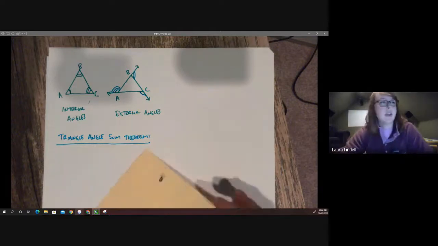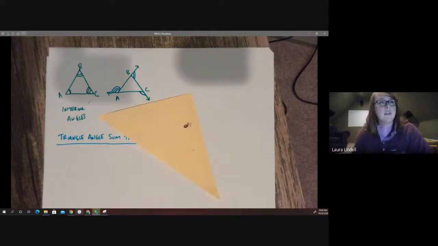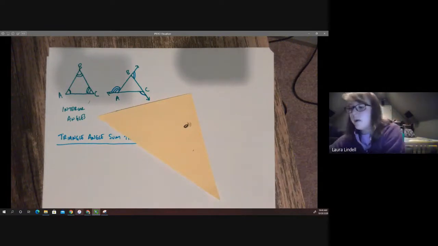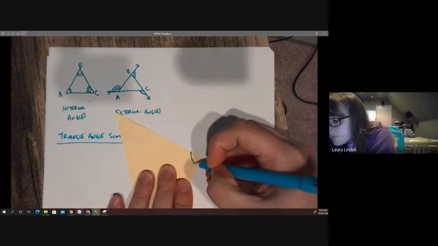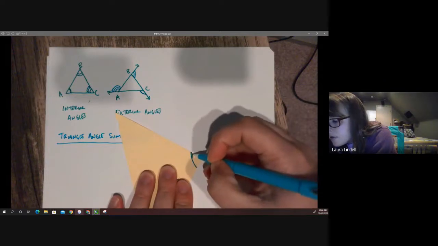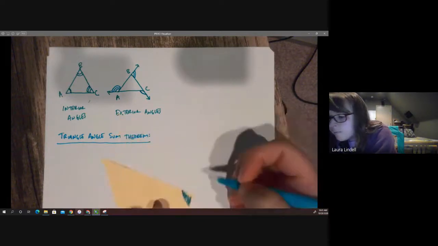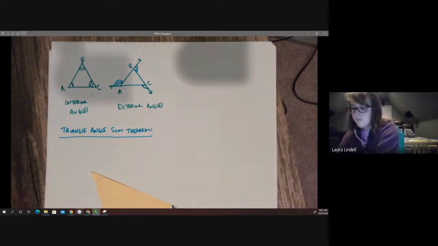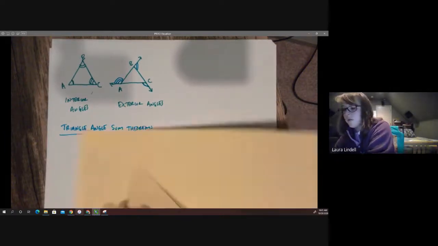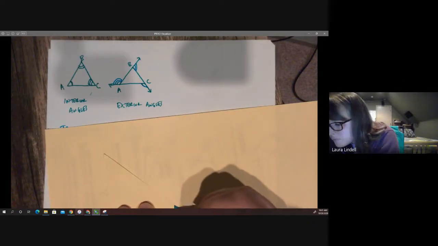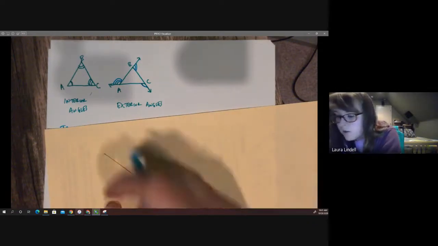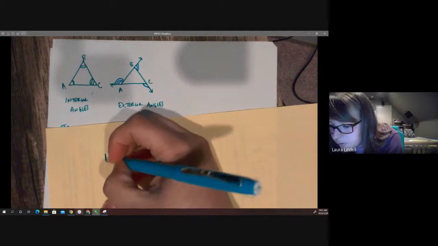Okay, so here I've got a triangle going, and here's what I'm going to do. I'm going to take my corners, and I'm going to color them in. All three of my corners.